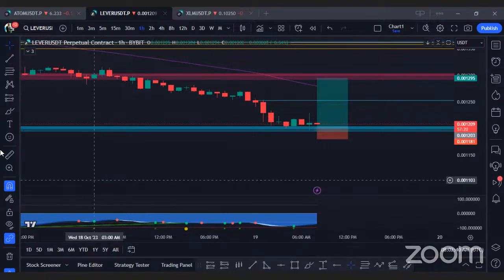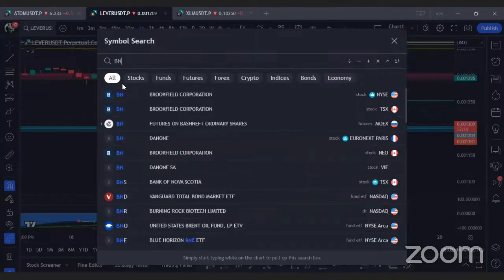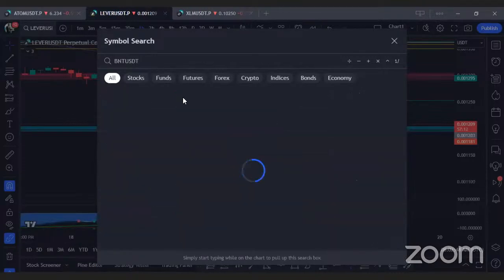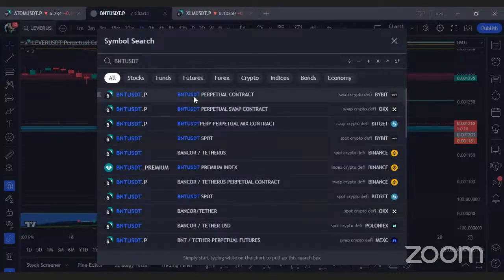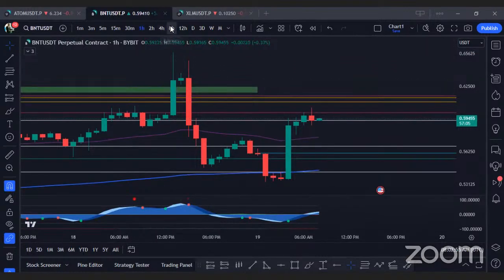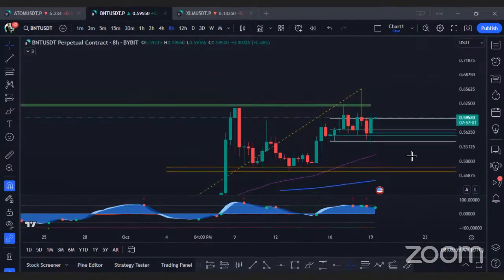BNT and PLZ. BNT USDT. Okay, so for BNT, where are we?